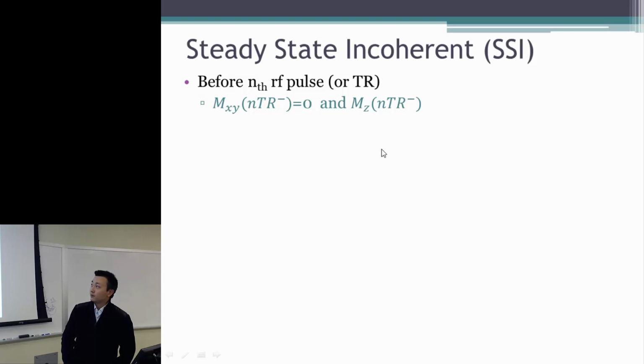For example, before the nth RF pulse, according to the definition of steady state incoherent, the transverse magnetization before this RF pulse will be equal to zero. And then we write down the expression for the longitudinal, which is the one we want to calculate.